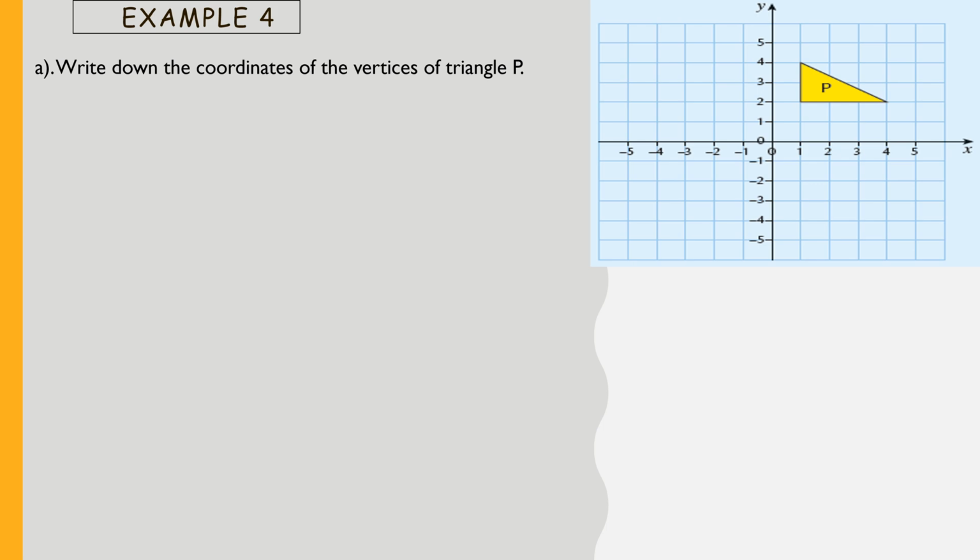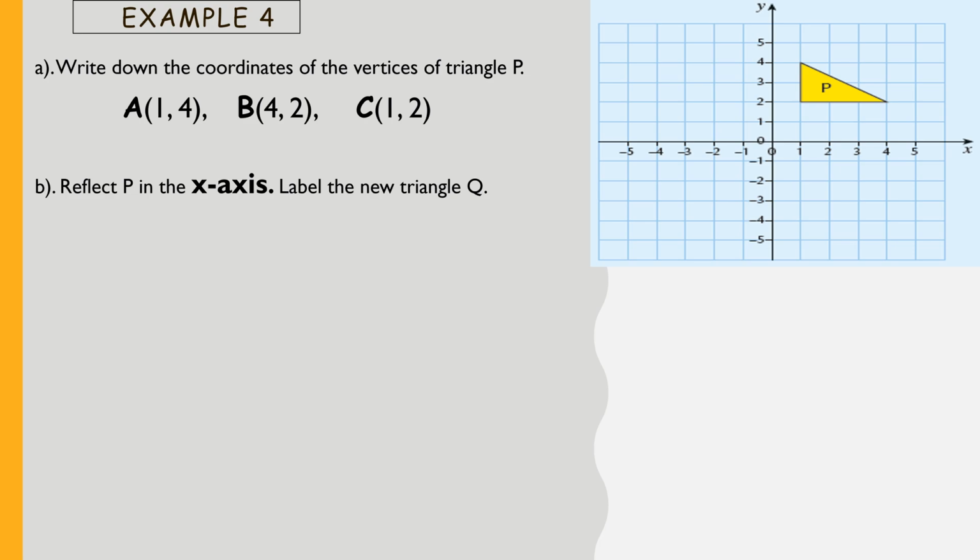Example 4. Write down the coordinates of the vertices of triangle P. Now, if you take a look at triangle P, you have three vertices. So you can label it A, B, and C. And these are the coordinates of the vertices of triangle P: 1, 4, 4, 2, and 1, 2.